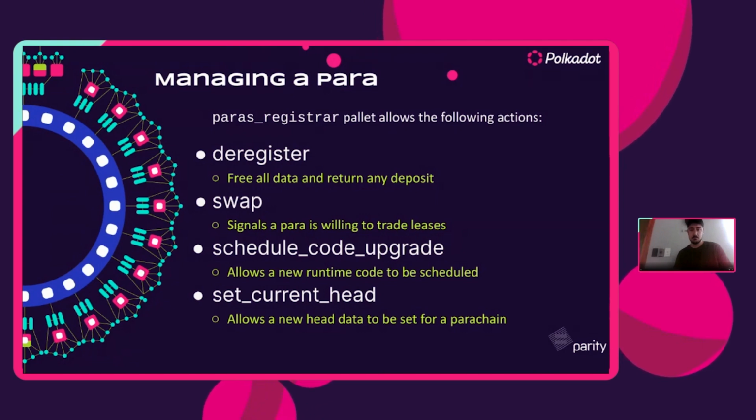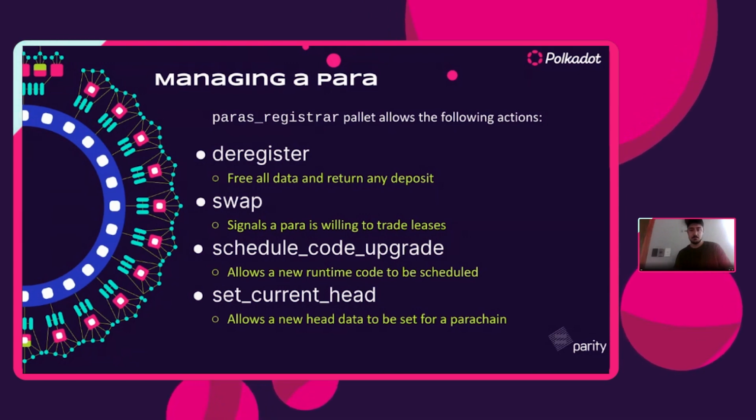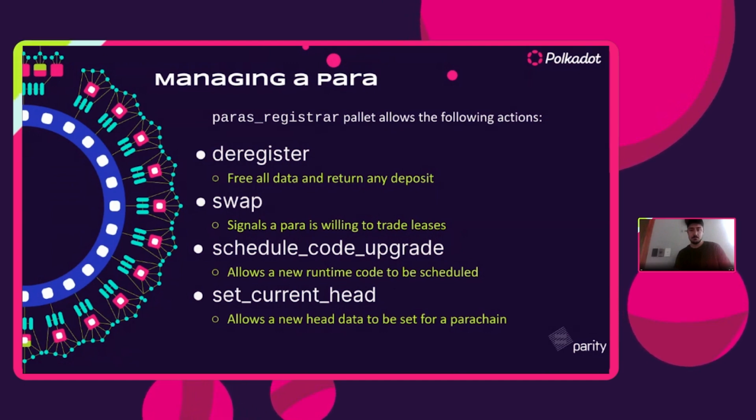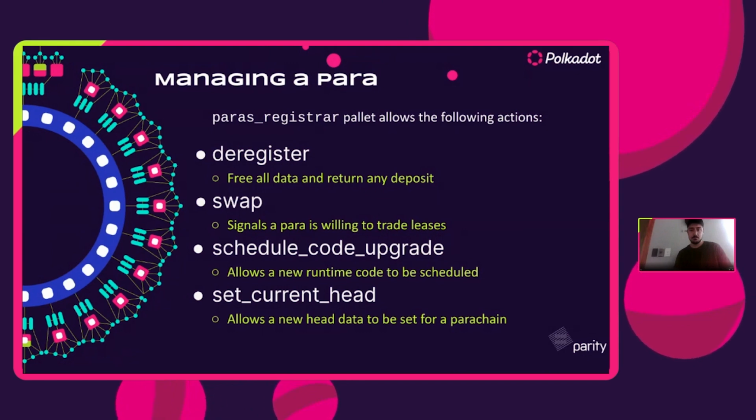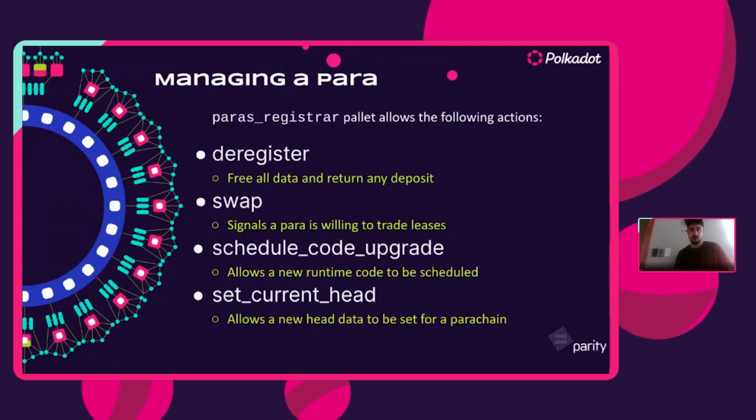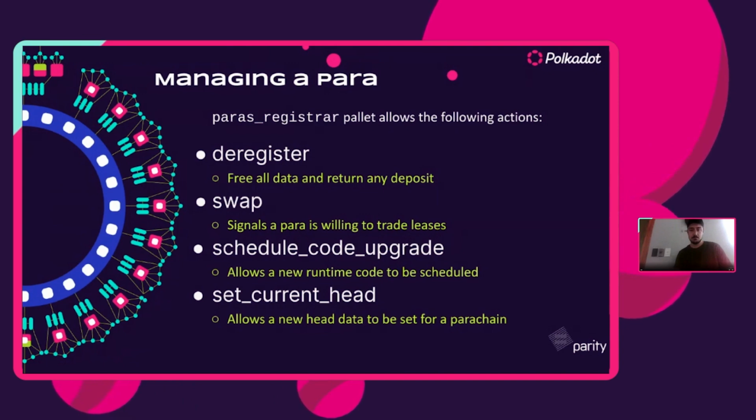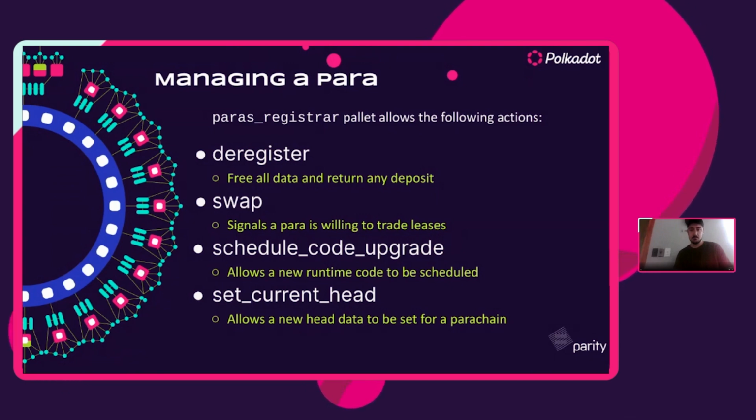So these four are very useful. They will be used in different moments of the life cycle of the parachain. For example, the last two, schedule code upgrade and set current head, are very useful if we are troubleshooting something. We need to do these actions, we find ourselves in a scenario where they cannot be triggered from the parachain side, and we need to take action directly on the relay chain side, right?